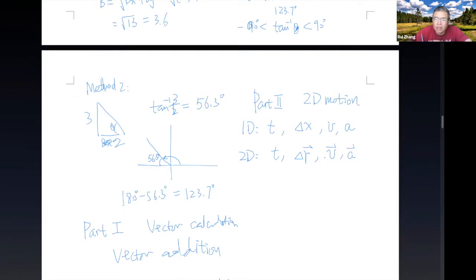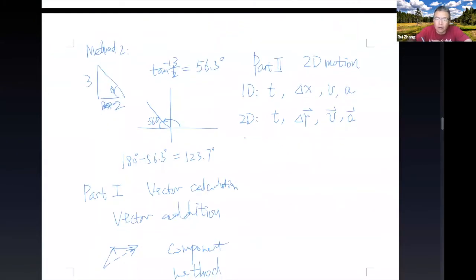All the definitions still apply. For example, the displacement of a motion is still given by the final position minus the initial position. Velocity is still defined as delta r over delta t, and acceleration is still defined as delta v over delta t.